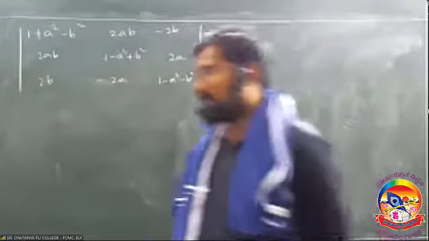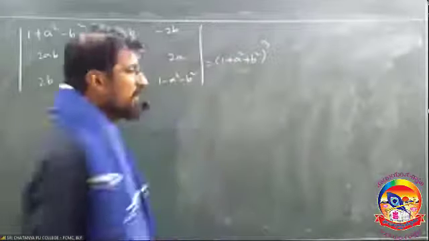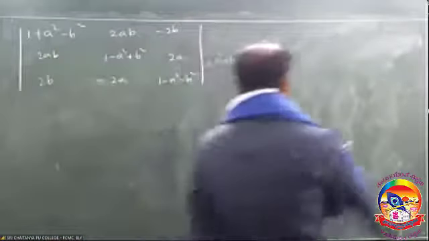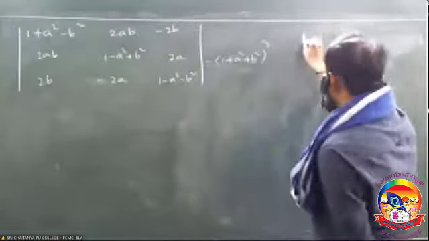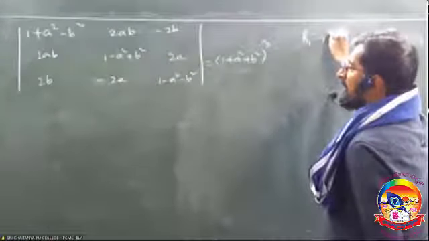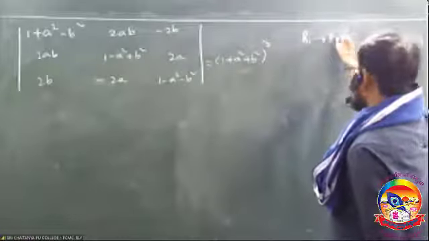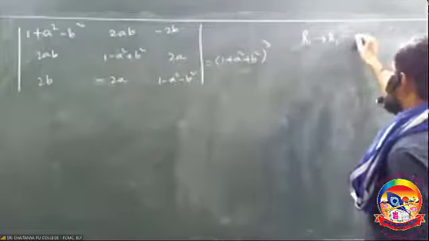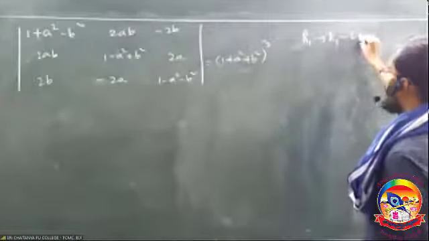The operations which you are using should be correct. Okay, I am going to write the operations on the board. Try it. R1 changes to R1 minus B into R3.